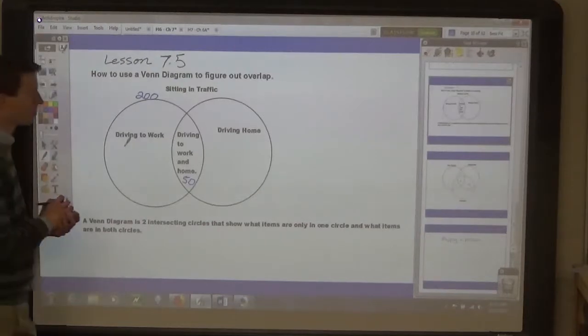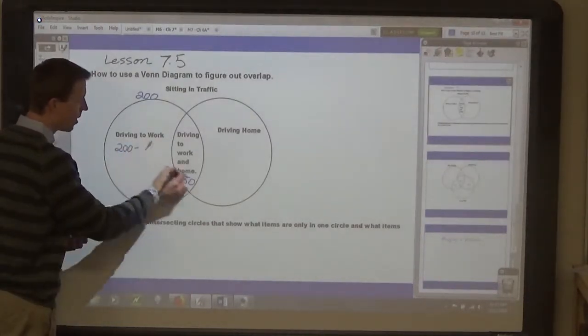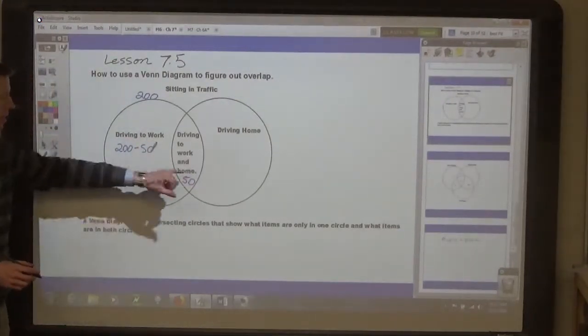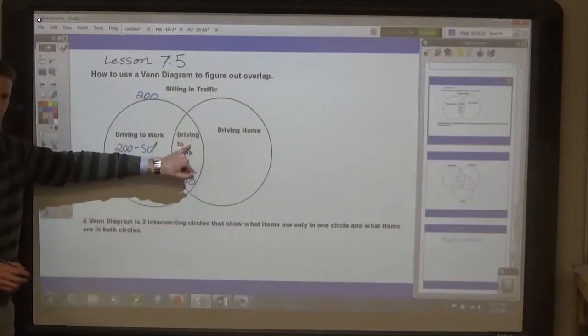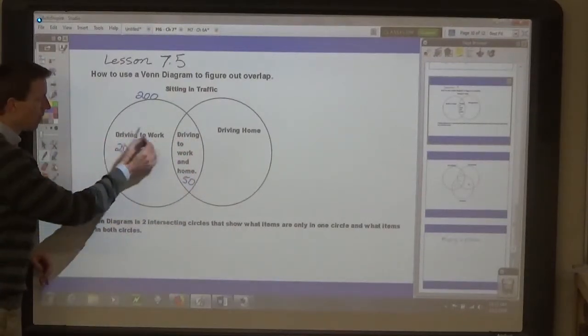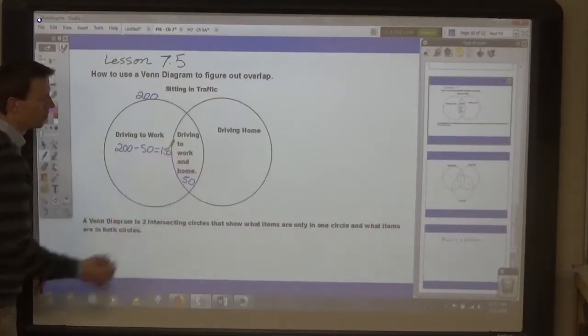Matt? 150. 150, right. We would find that by doing 200 minus the amount that we already have. We know that 50 sit in traffic driving to work and driving home, and so to find this number, we'd have to subtract the two.